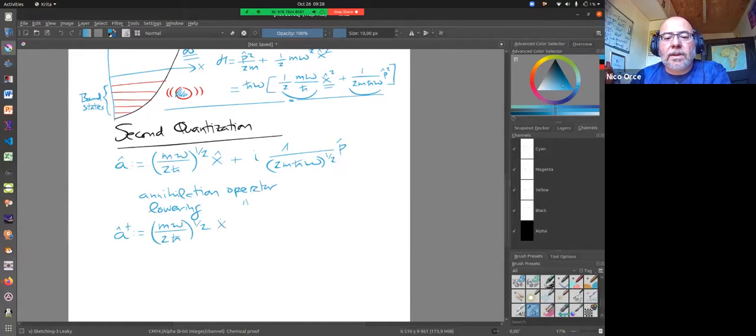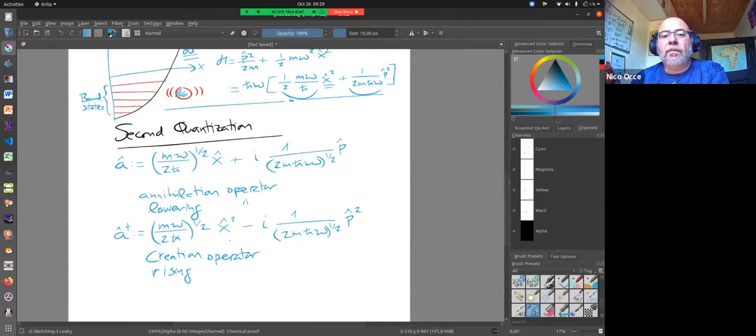This is basically the second quantization, and this is called the creation or raising operator.